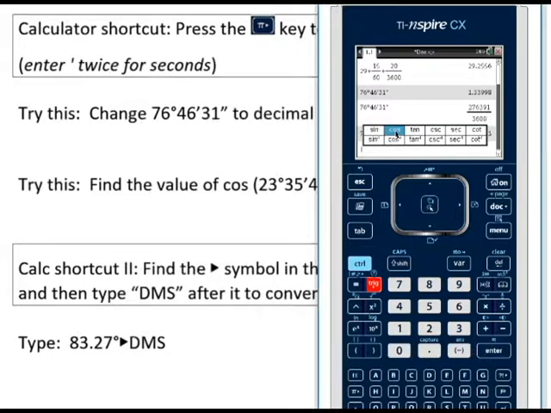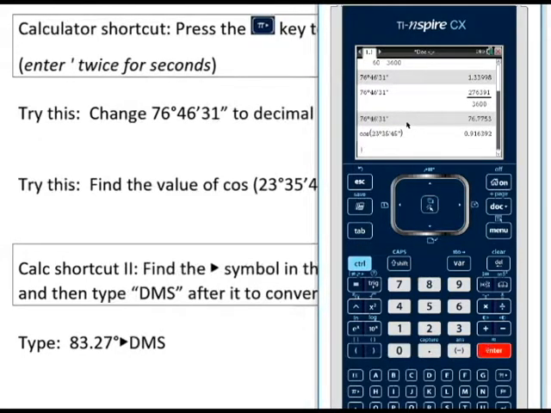We're finding the cosine of 23 degrees and change. And there's the answer we were looking for.